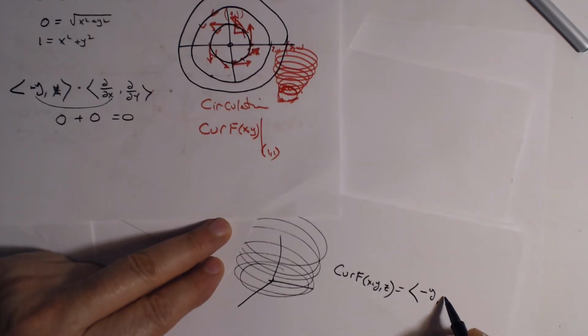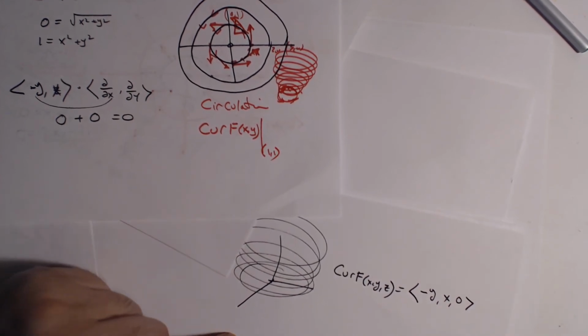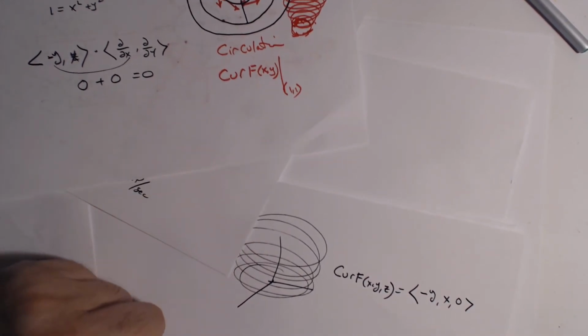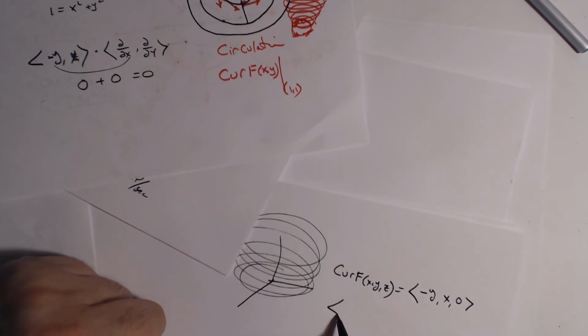Negative y, x, and I make my z 0. Why? Because I have to do a cross product, and the cross product of negative y, x, and 0 has to be in R3.